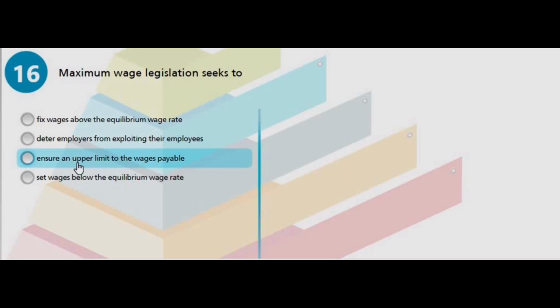The right answer here, okay, before I say that, I want you to know that the maximum wage legislation, they set the wage rate below the equilibrium wage rate. The resultant effect may be reduction in the number of labor force that are willing to work, but the right option has to be set wages below the equilibrium wage rate.